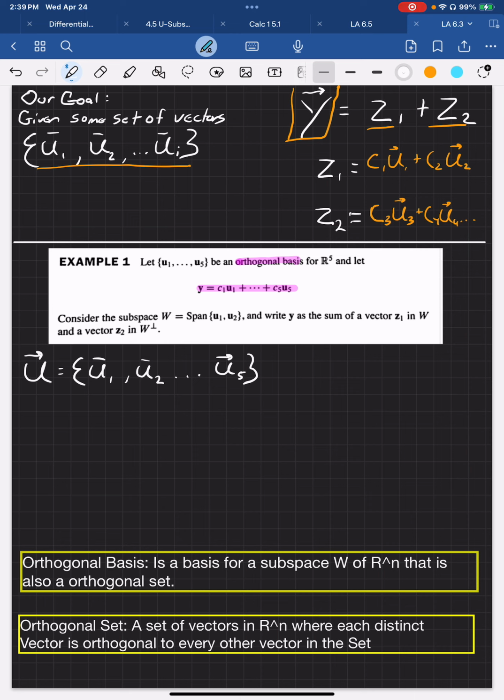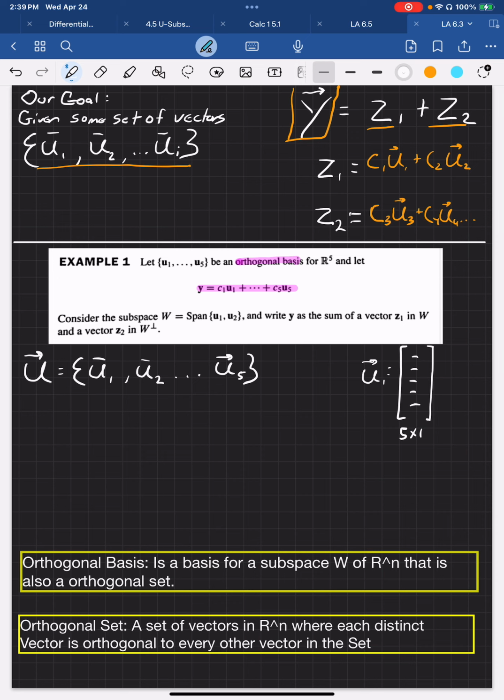This is a set of vectors in R5, right? So that would mean that, say, u subscript 1 would be a vector in R5, in other words, say a 5 by 1 column vector. Okay, so we're in fifth dimensional space. Every vector in U is a fifth dimensional vector.